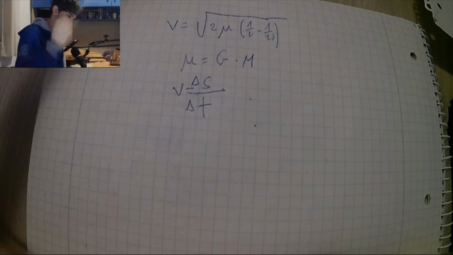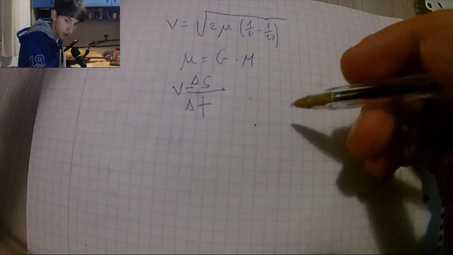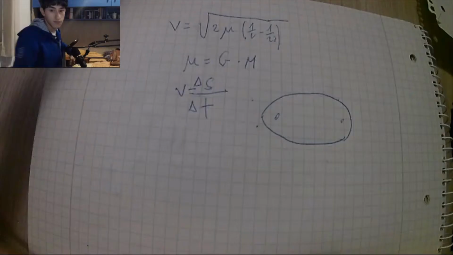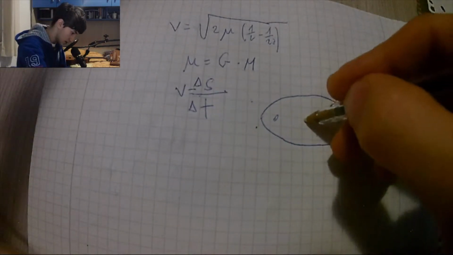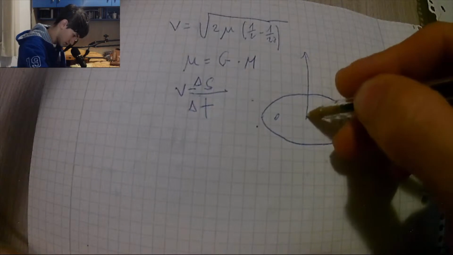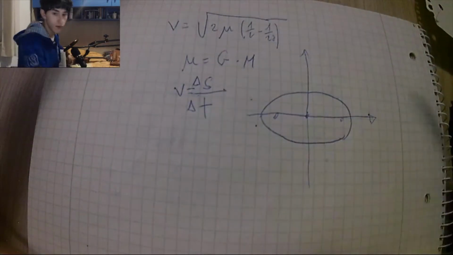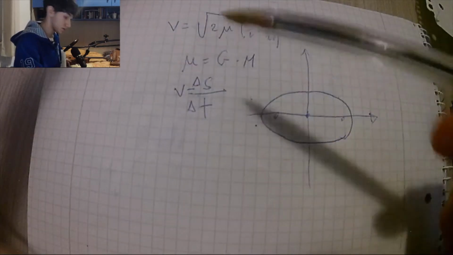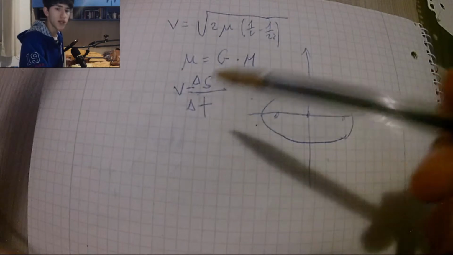Okay, so let's now draw our ellipse. This is our ellipse. Okay, let's draw the plane. We don't know the speed, we don't know delta space, we know delta time.